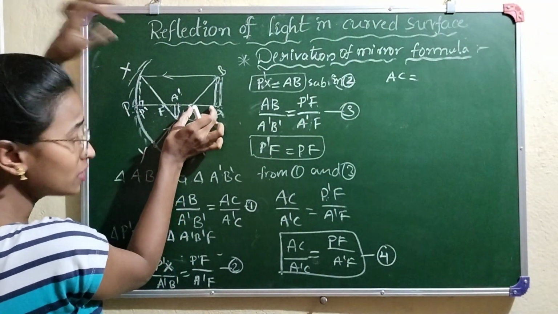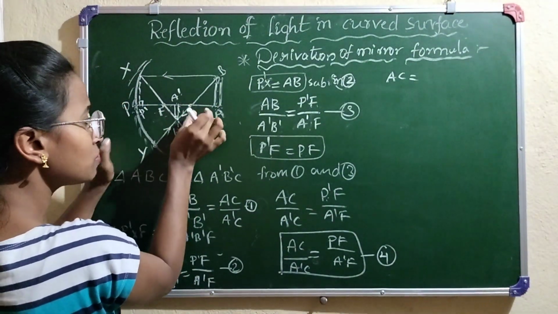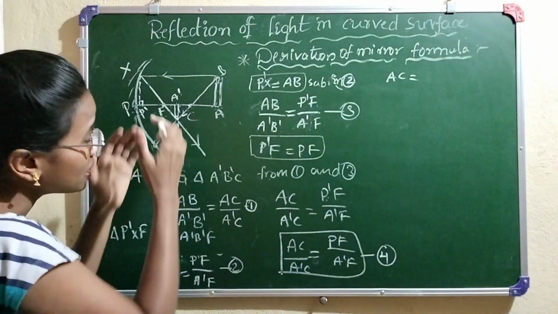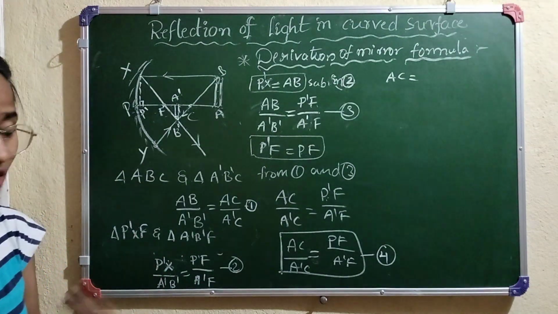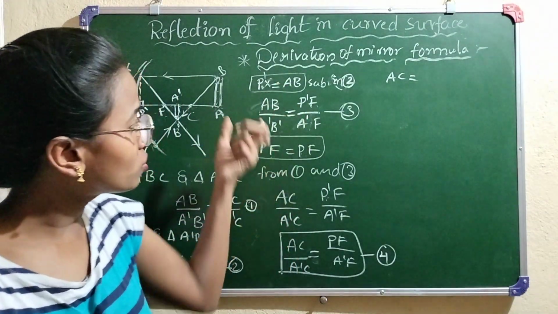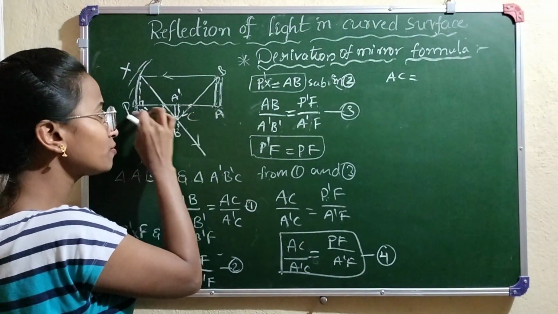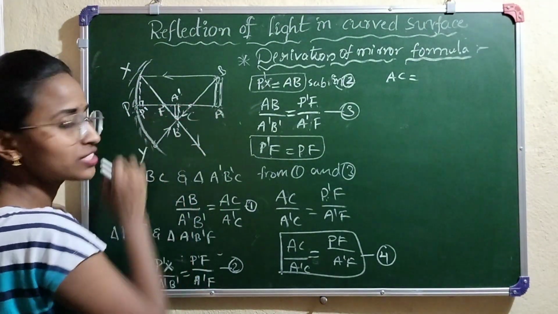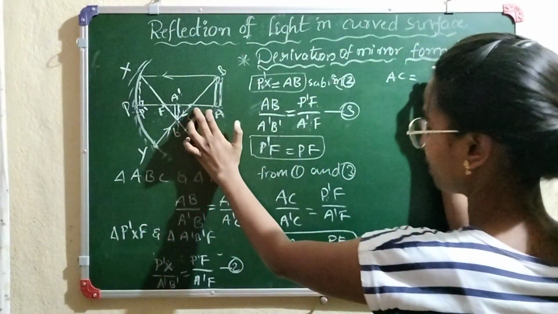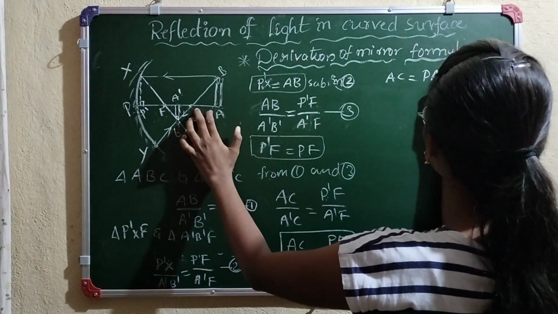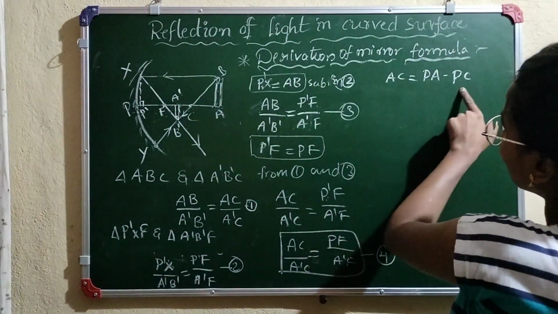To get this small length, we have to subtract, total P to A minus P to C. In this derivation, for the triangles A, B, C and A dash, B dash, C, these lengths we have to know. So AC is equal to PA minus PC. Wherever AC is there, we have to write that.